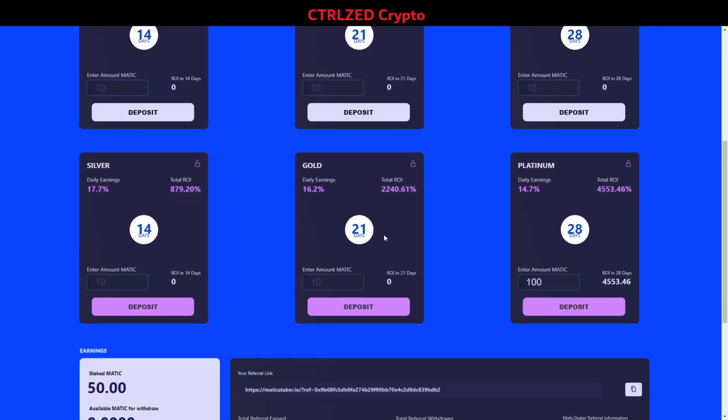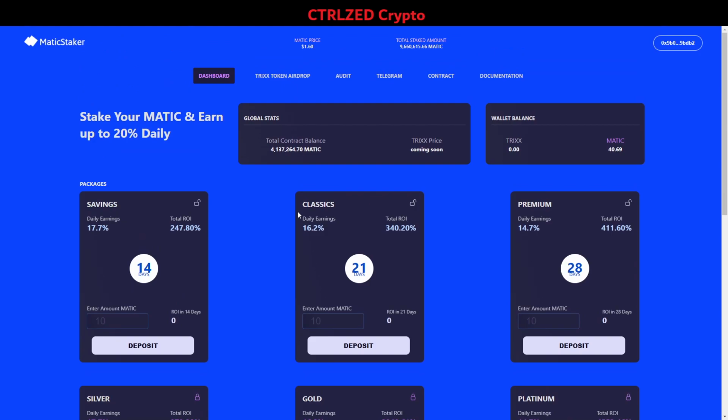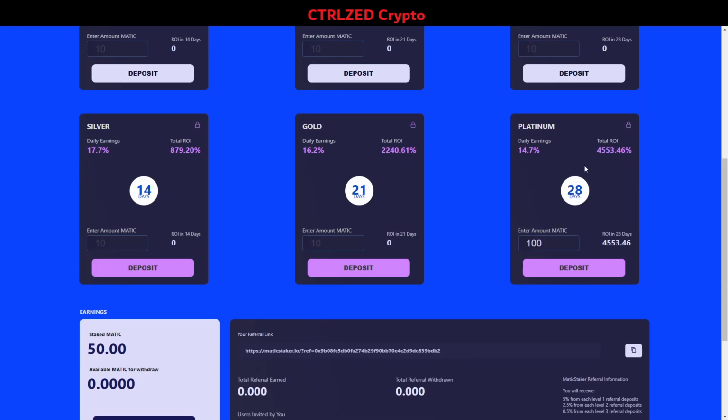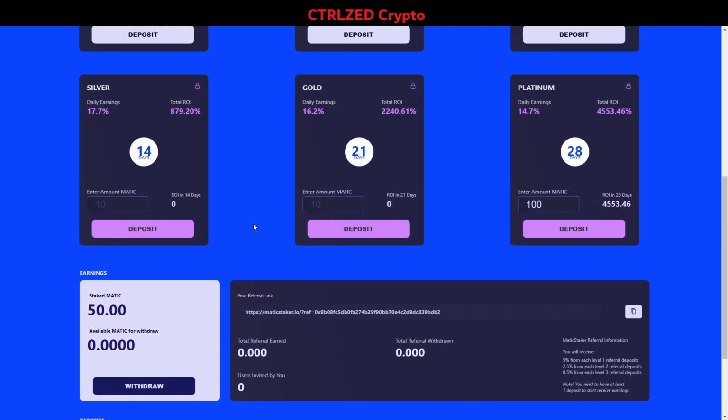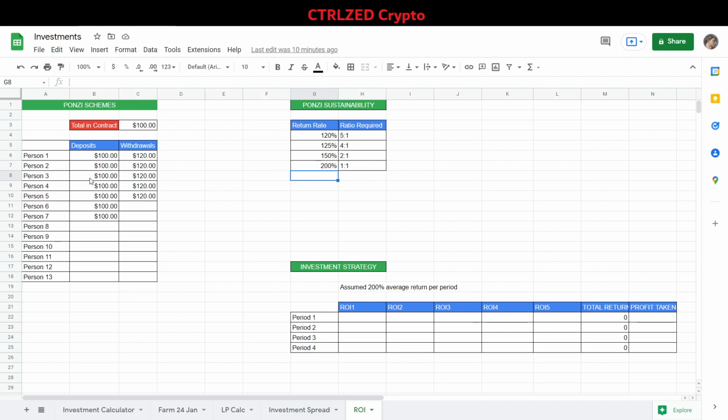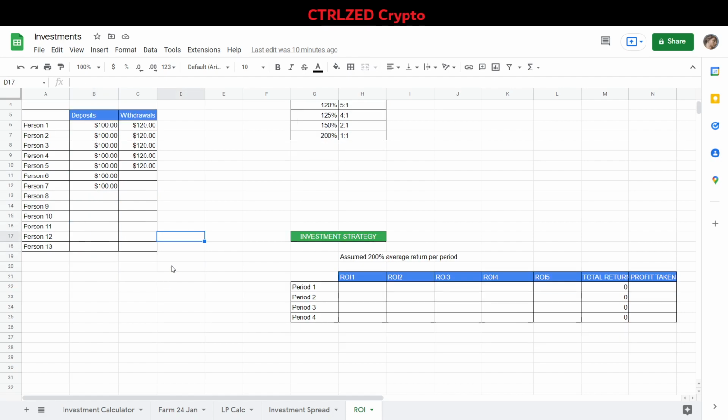So look, I'd say if you're getting into Maticstaker, there's some potential there for sure, but how long this is going to last, I don't know. And of course, what happens when it doesn't last? We go back to here. The well dries up, and anyone who invested after a certain point basically loses their investment and stops getting paid out.